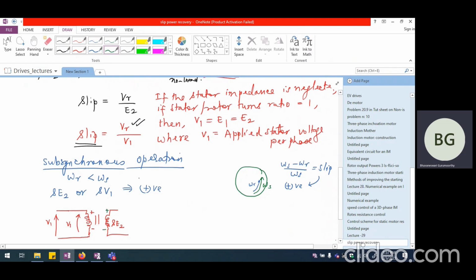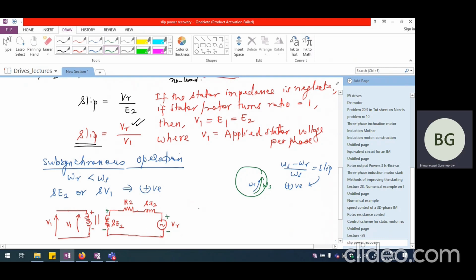Let us say the rotor resistance is R2, and rotor reactance, whatever it is manifesting, is S times X2. And I'm going to connect a voltage source here, which I'm calling VR. So if I want the rotor current to be zero, then I should have very clearly plus here and minus here.